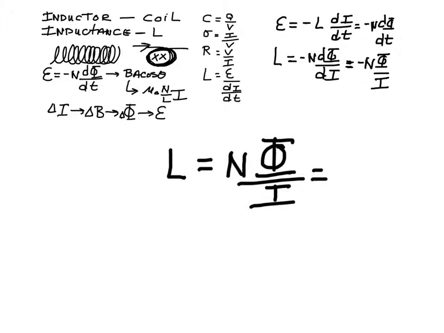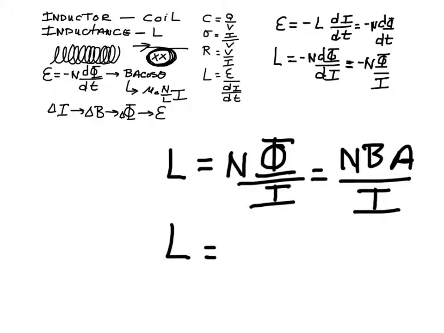For a coil, the flux through the coil is going to be B times A, and for a coil, the field and the face of the coil are always at 0 degrees to each other, so the cosine of theta is 1. So we have NBA over I, and then going one step further, what's B? Remember that?